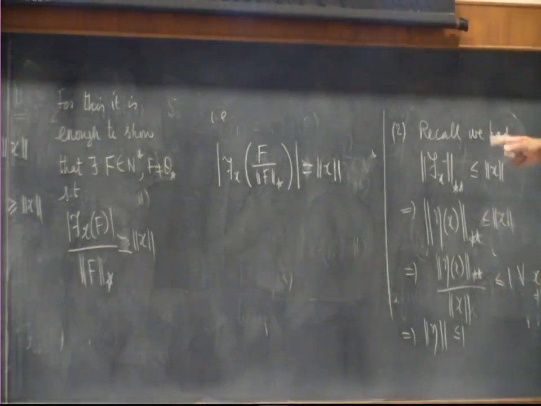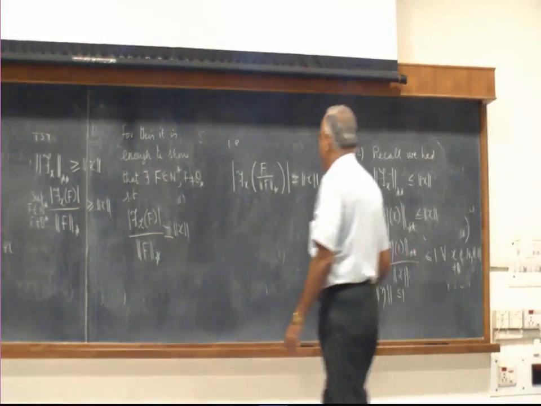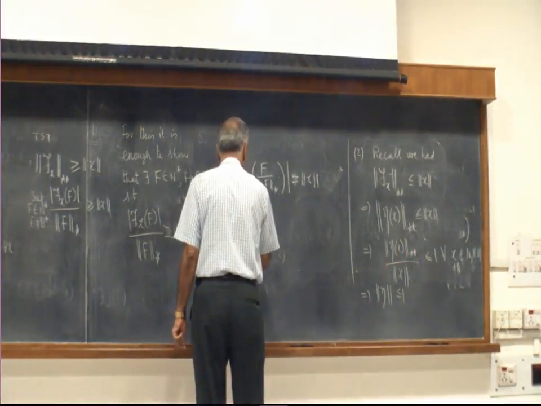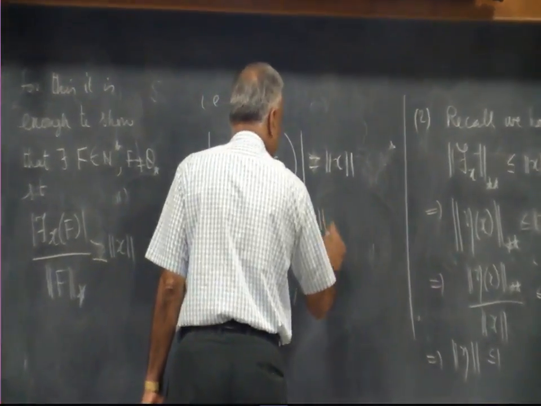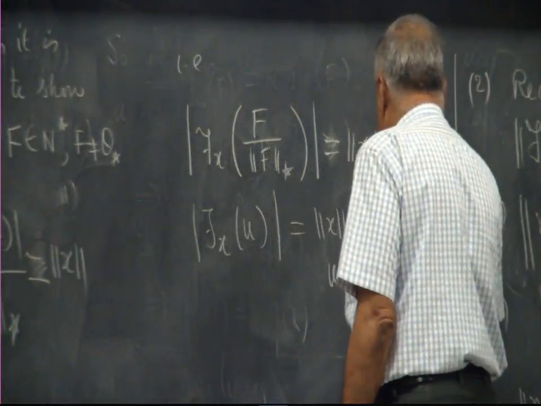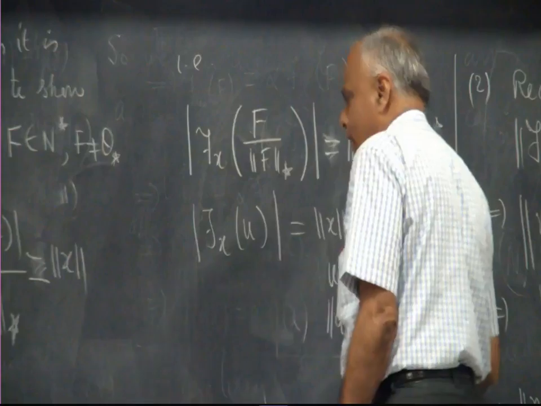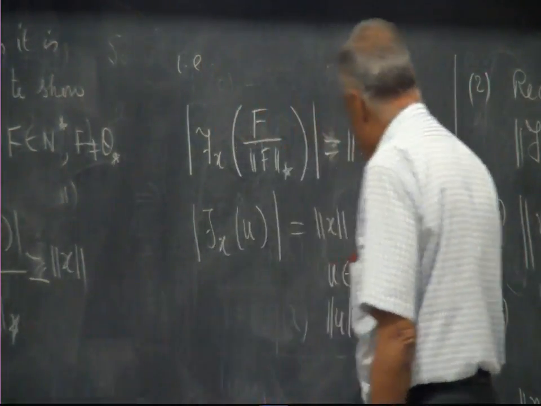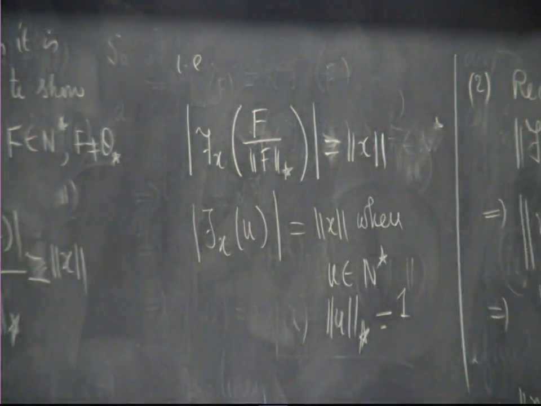I am trying to get a unit functional there, of unit norm. So therefore there is Fx of u equal to norm x, where u belongs to N star. The norm of u is now what? It must be equal to 1. Obviously, therefore, it is a non-zero functional. If its norm is 1, it's going to be so.